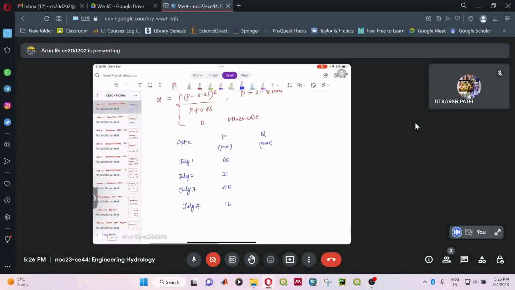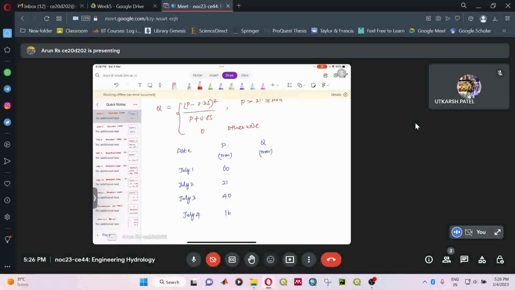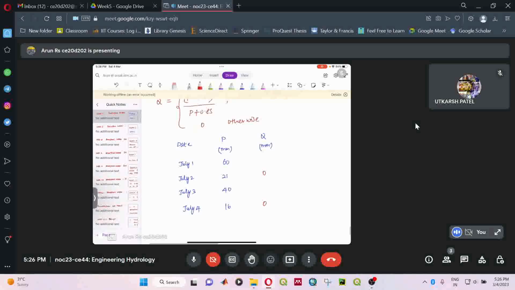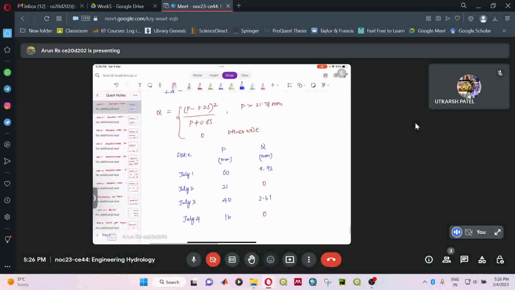Your precipitation should be greater than 21.78 mm, so in the other places you can directly put 0. So in these two places no runoff happens, and only on the other days runoff happens. This is equal to 9.93 and this is equal to 2.61. It is just direct substitution in the above equation.